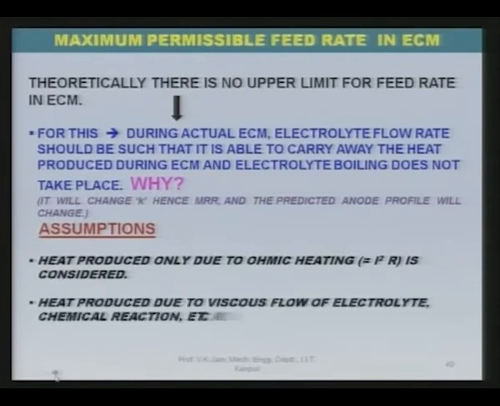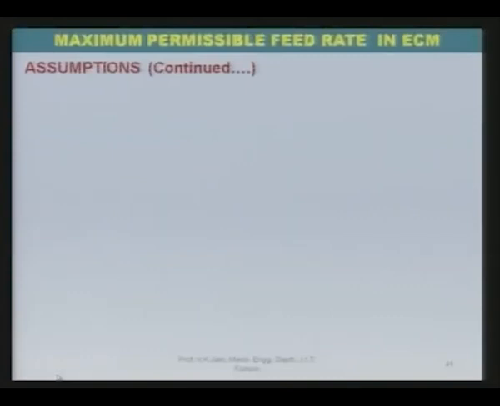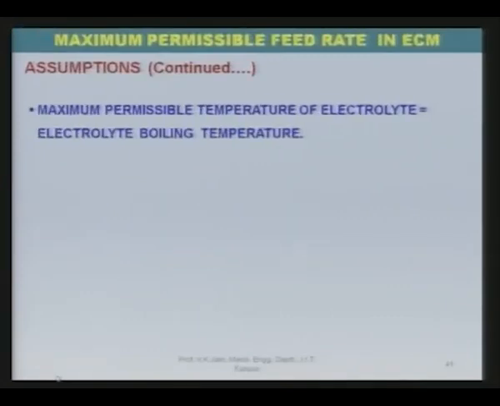Heat produced due to the viscous flow of electrolyte, and also certain chemical reactions that take place, which are exothermic reactions and also produce heat, all these sources of heat production during ECM are neglected. The maximum permissible temperature of the electrolyte is always less than or equal to the electrolyte boiling temperature, for the reasons I have just mentioned.